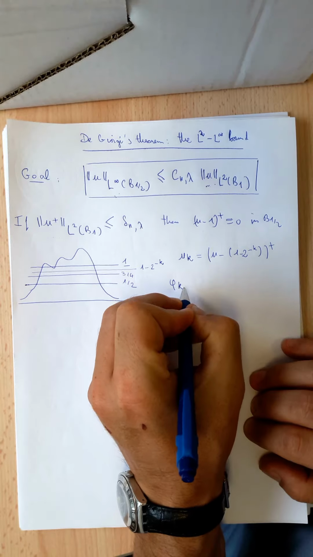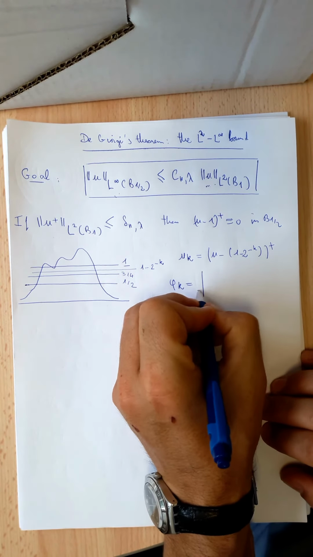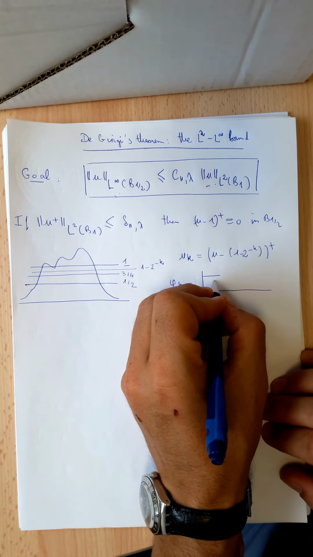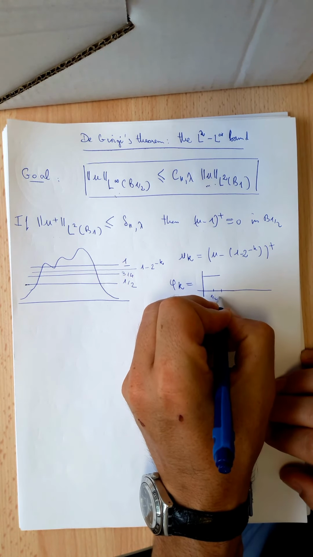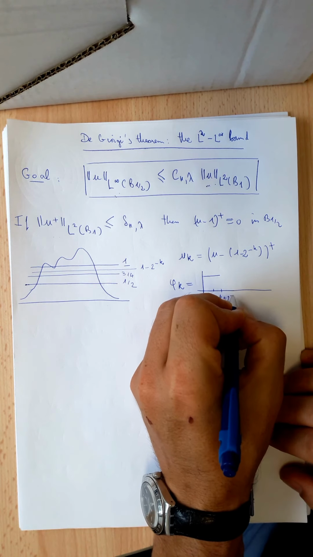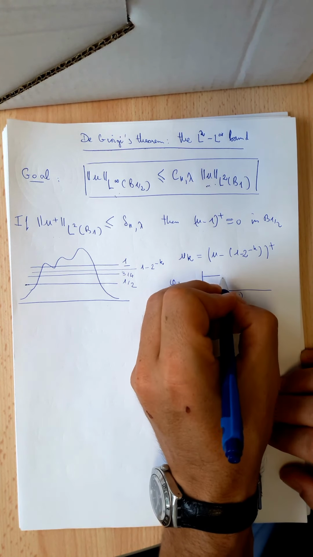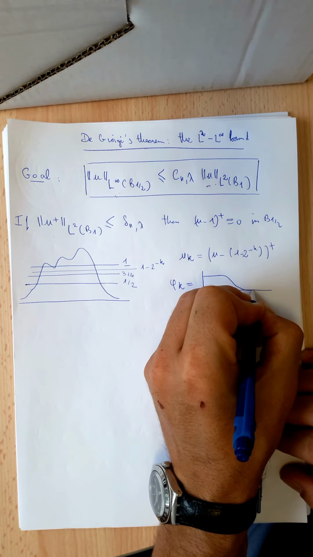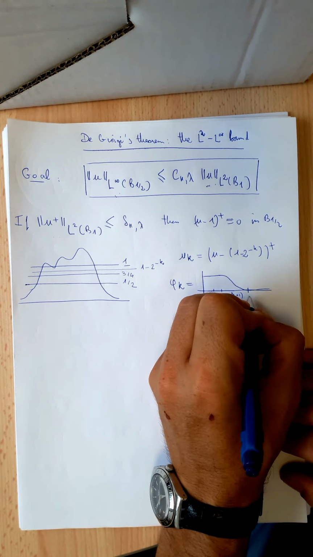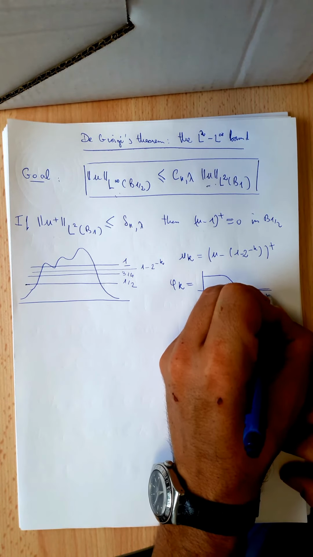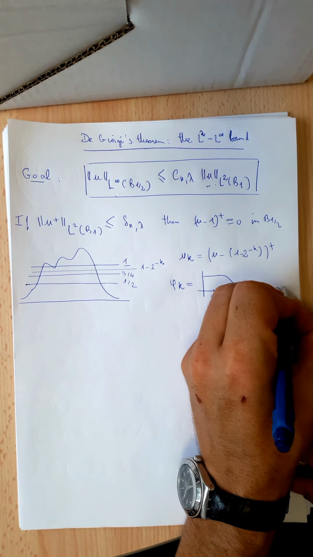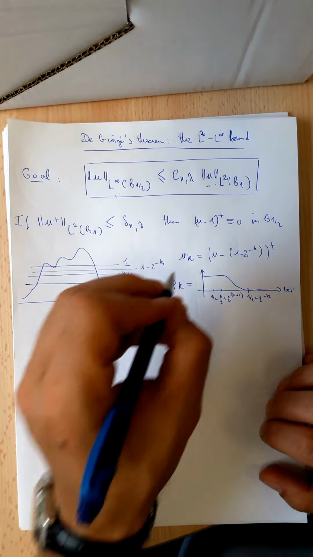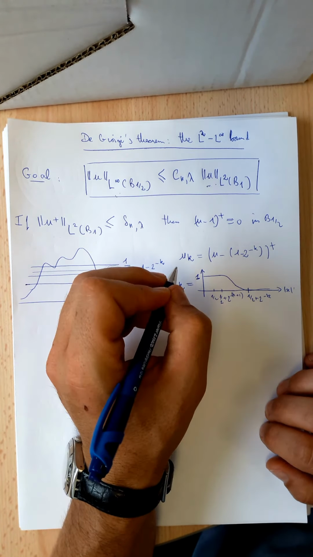So we're going to take a cutoff phi_k, which is equal to 1, let's say, up to the radius 1/2 plus 2 to the minus k plus 1. And then from there on, it will have a transition and go to 0 at 1/2 plus 2 to the minus k. So here is the norm of x, and phi_k is a radial function. And this is the level 1.